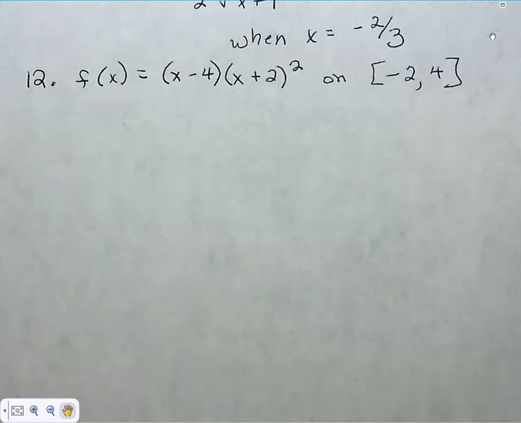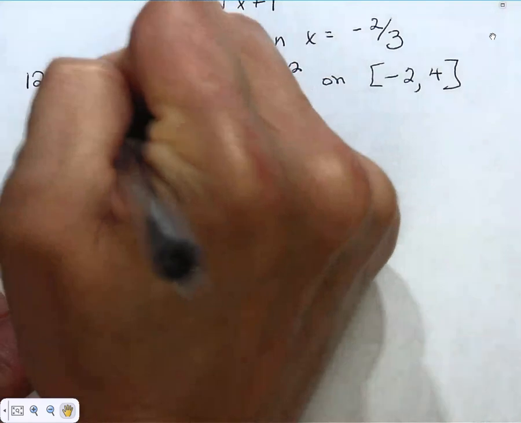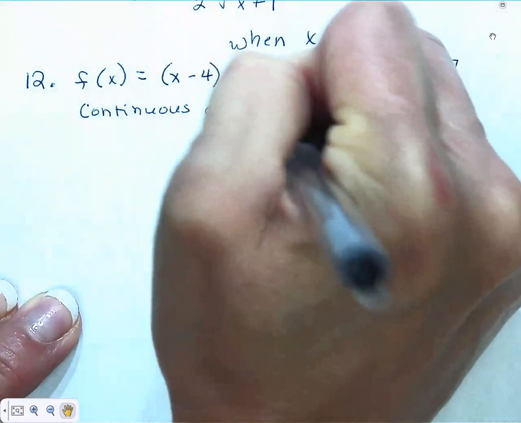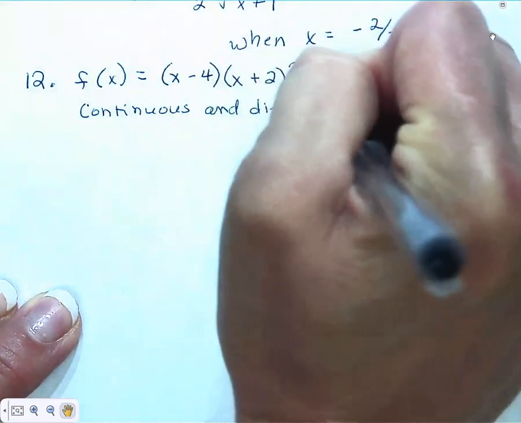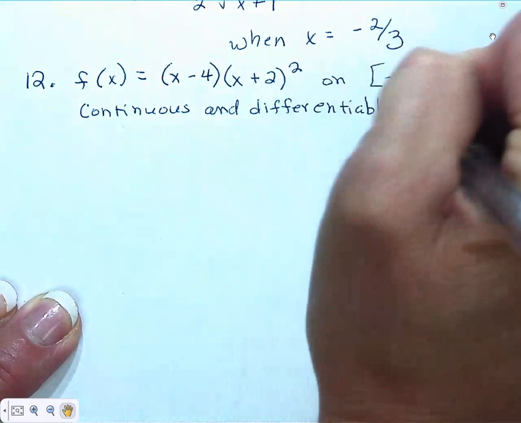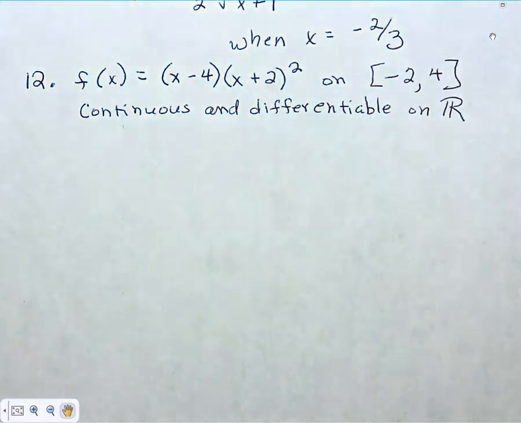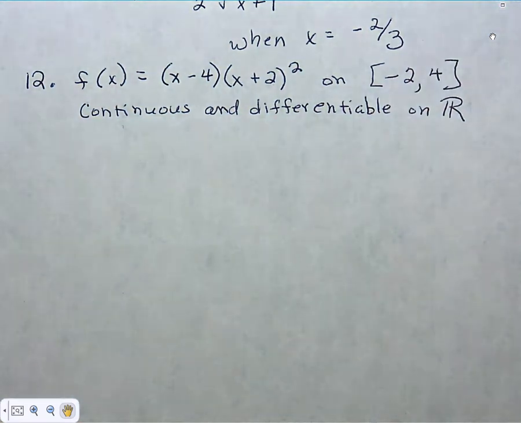So it's continuous and differentiable on all real numbers. That's the first 2 conditions. It's continuous and differentiable, not just on -2 to 4, but everywhere.